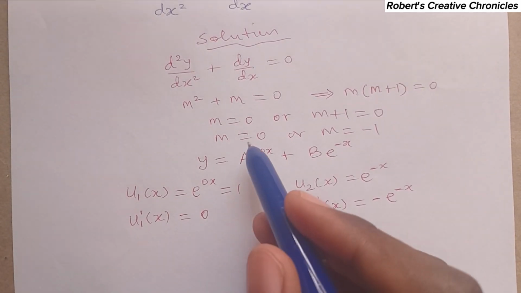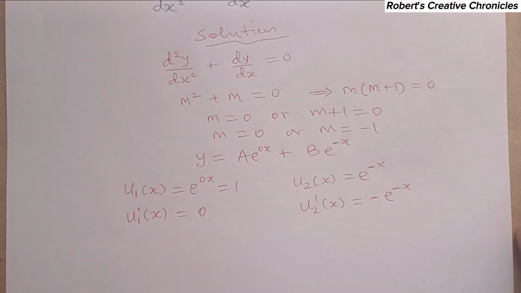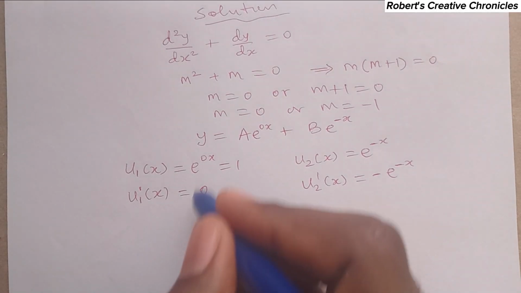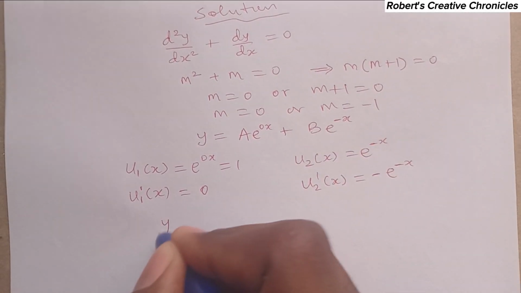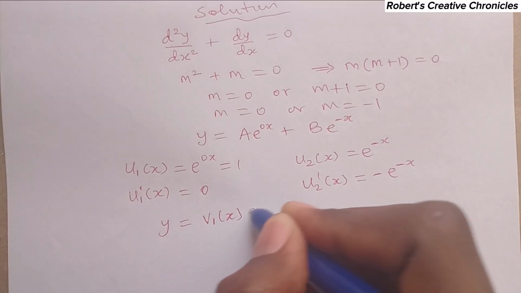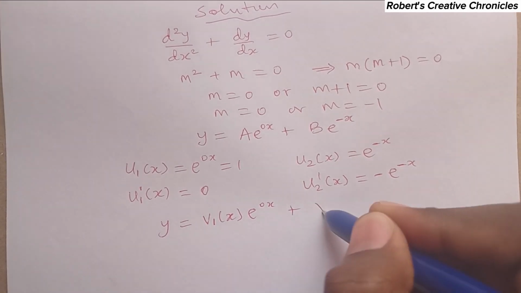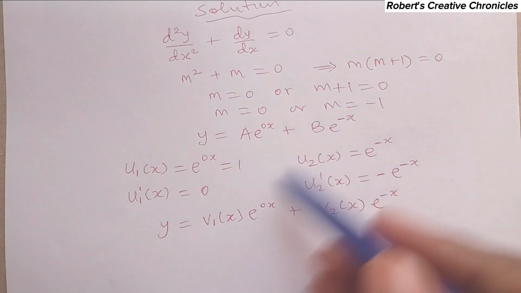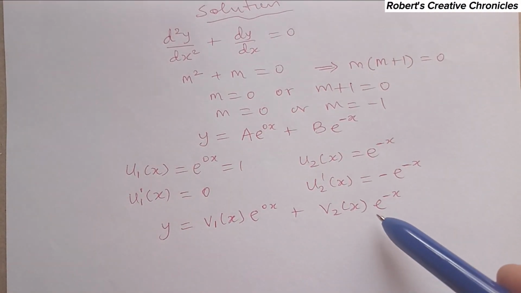Now we are going to replace these constants a and b with v1(x) and v2(x) respectively. So now this equation becomes y equals v1(x) e to the 0x plus v2(x) e to the negative x. So we have replaced a and b with v1(x) and v2(x) respectively.